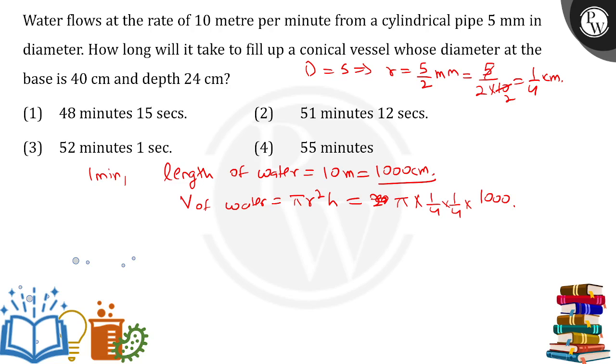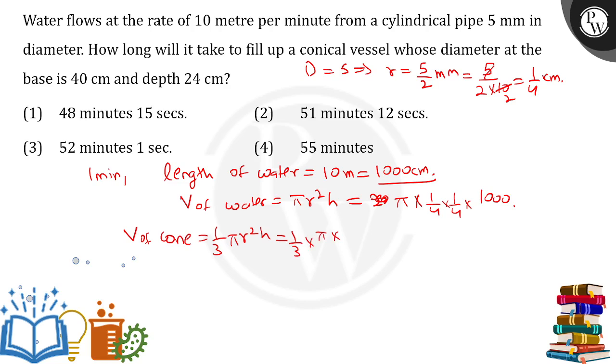All right, this was about the water flow. Now, how long will it take to fill a conical vessel whose diameter and depth are given? For the case of the cone, the volume of the cone should be the same as the water that came out. So the volume of the cone has the formula 1 upon 3 pi r square h. Putting in all the values given to us, that is 1 upon 3 pi, let us keep it as it is.